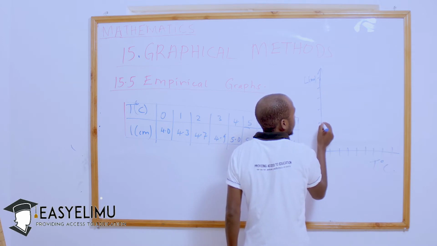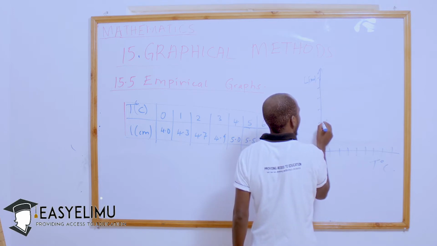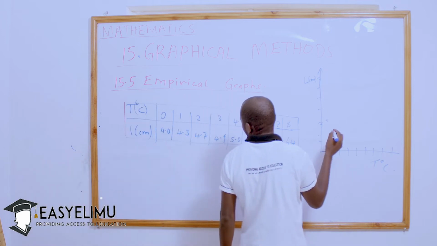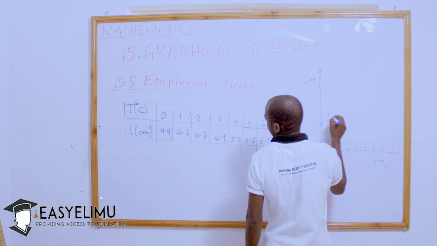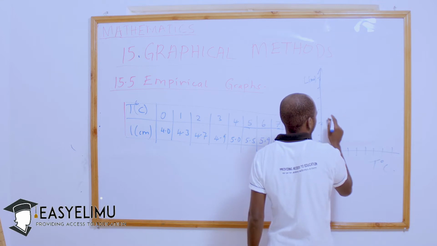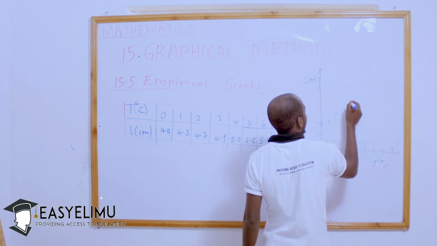So you will find some points going from 4, then 4.3, 4.7, you may go that way, then you will have another one going that way.